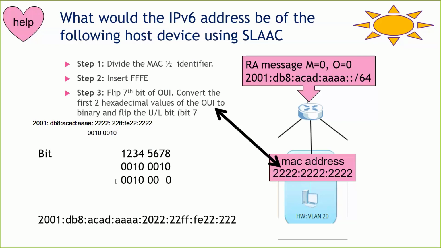Now I flip the 7th bit. There's 4, 1, 2, 3, 4, 5, 6, 7. So since the bit is on, I have to turn it off, right? And turning it off is what gives me the 0.